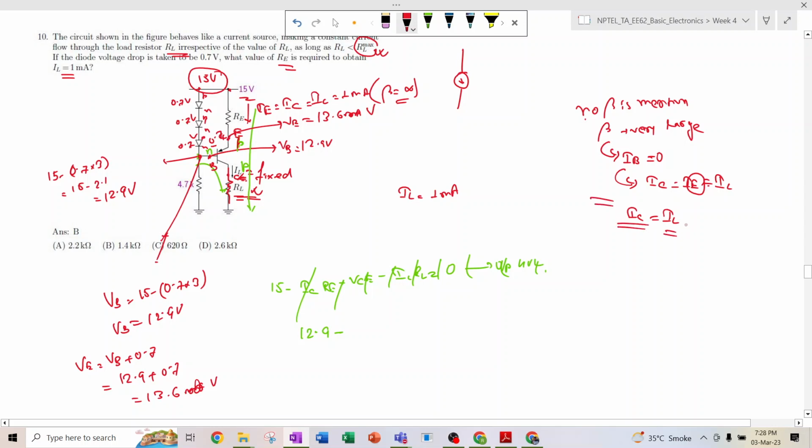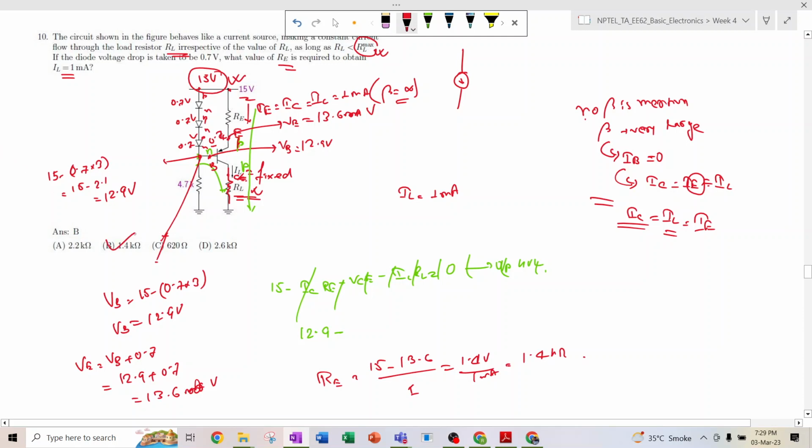IC is equal to IL or equal to I. So RE is the applied voltage 15 minus the VE terminal, 13.6, divided by I, which is 1 milliampere. So it comes out to be 1.4 volt divided by 1 milliampere, which is 1.4 kilo ohm. So the correct answer will be answer B, 1.4.